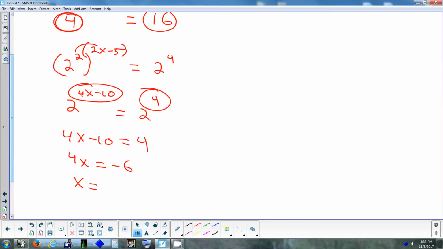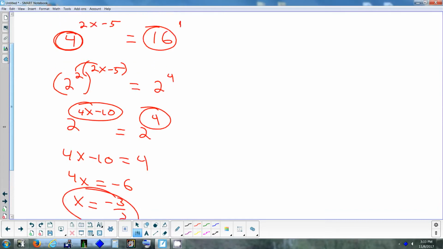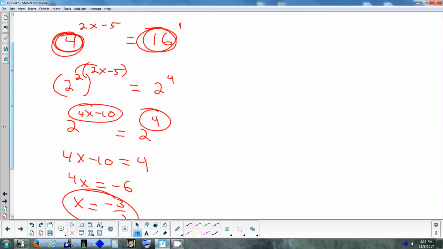Negative 3 halves. Yeah, you could put negative 6/4, or if you reduce that, negative 3/2. So that problem was set up special so that you could do it by writing each number with the same base. If I change that 16 to a 17, now it's going to be a lot harder. Any questions on that?